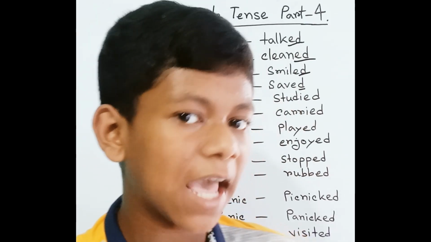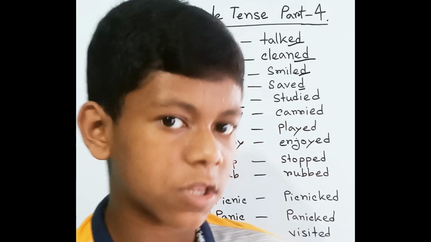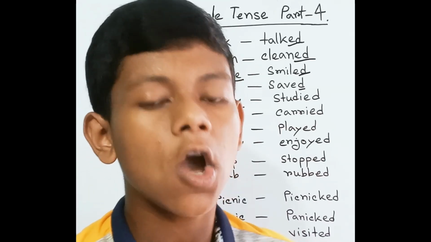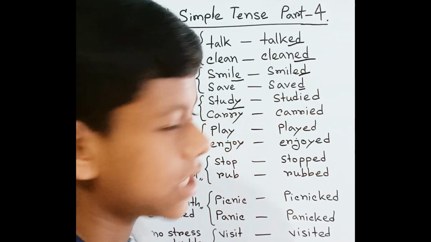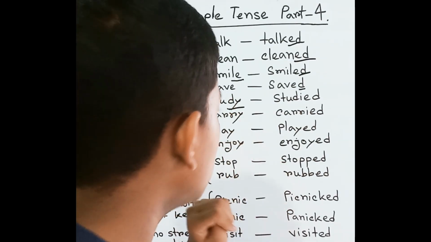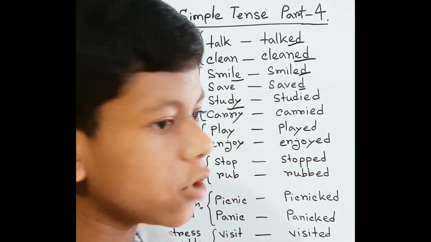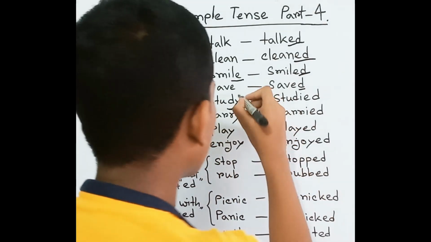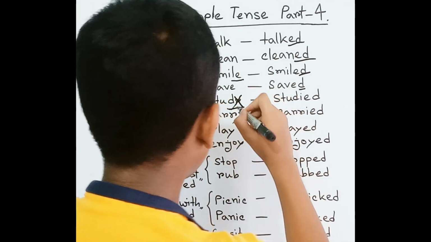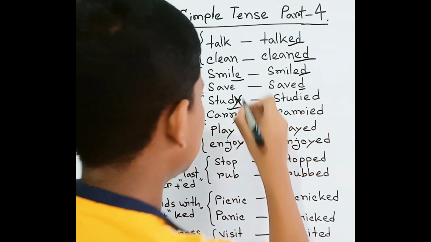And what are the vowels? We know a, e, i, o, u. These are the 5 vowels. Without these 5 letters, all letters are consonants. So d is a consonant before the y. That's why we need to cancel the y, we have to drop the y. Then we have to add ied.